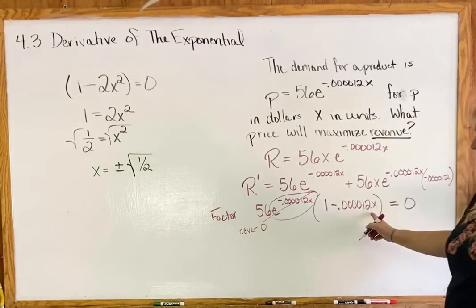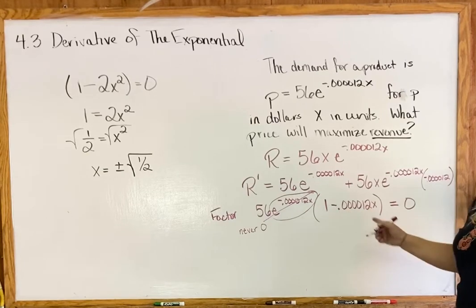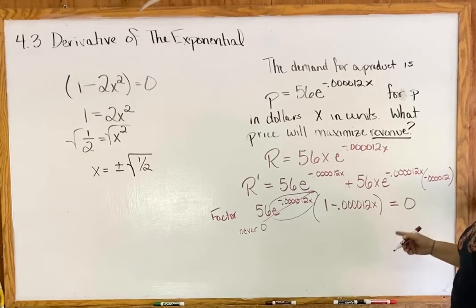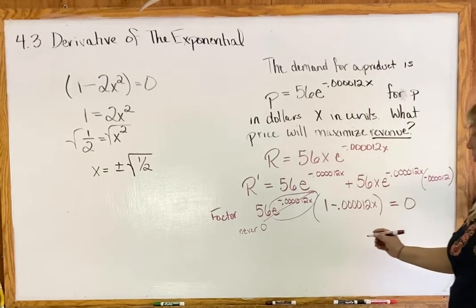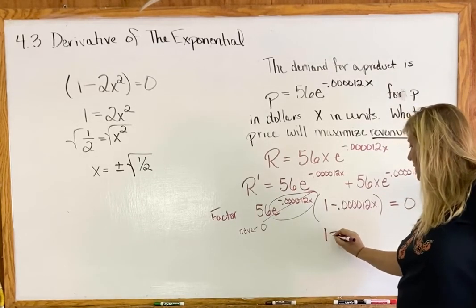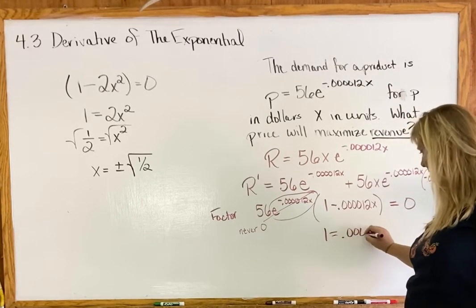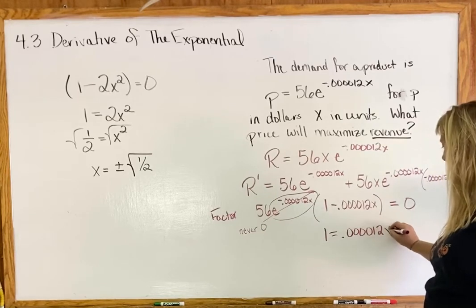So really, we're only looking at this guy, 1 minus 0.000012x equal to 0. So we can say that will give us 1 equals 0.000012x.